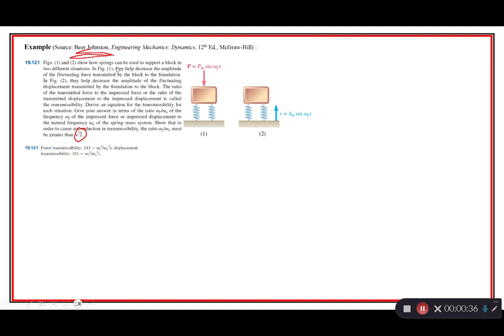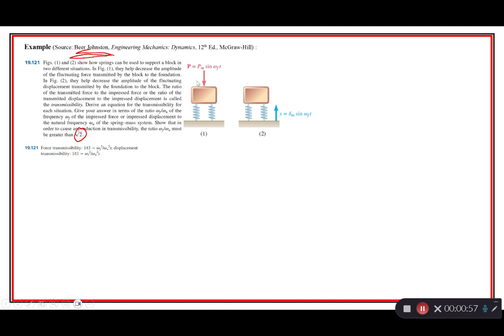I wanted to cover this. It shows how springs can be used to support a block in two different situations. In figure 1, they help decrease the amplitude of the fluctuating force transmitted by the block to the foundation. In figure 2, they help decrease the amplitude of the fluctuating displacement transmitted by the foundation to the block.